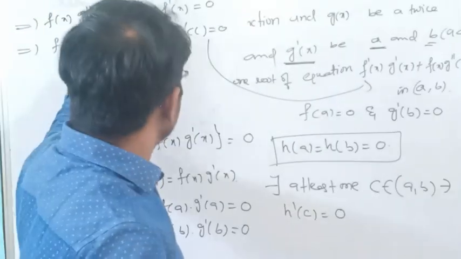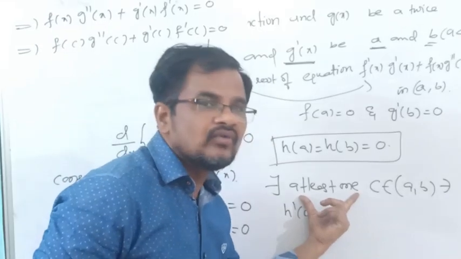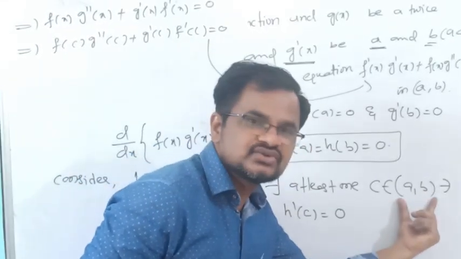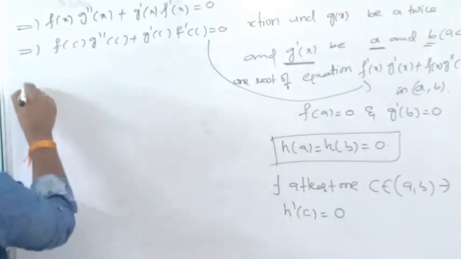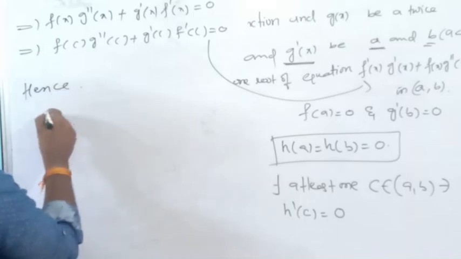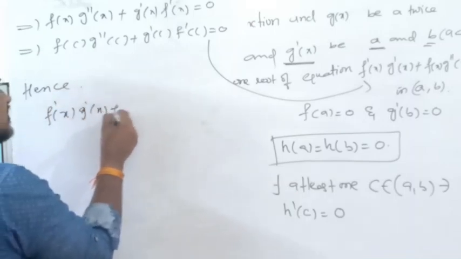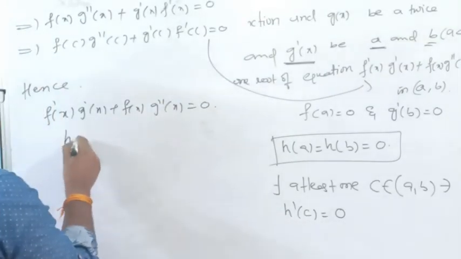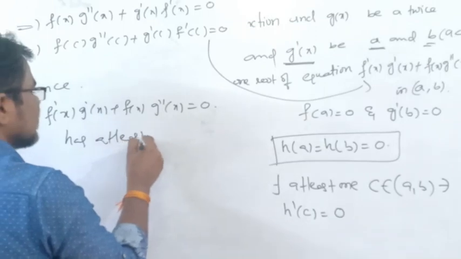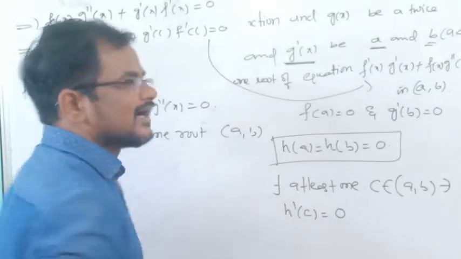Means for this equation there exists at least one root which belongs to a comma b. Hence we can say f dash x g dash x plus f of x g double dash x equal to 0 has at least one root belonging to a comma b.